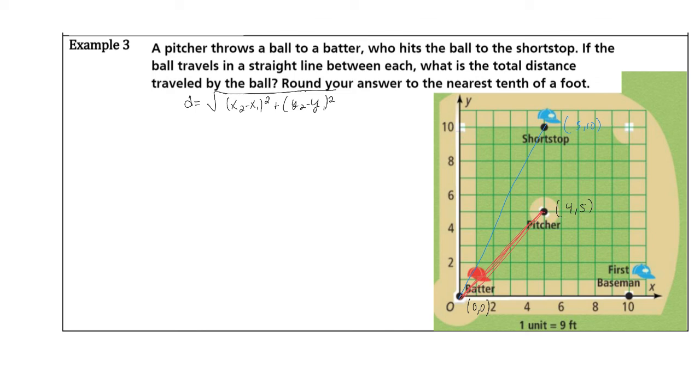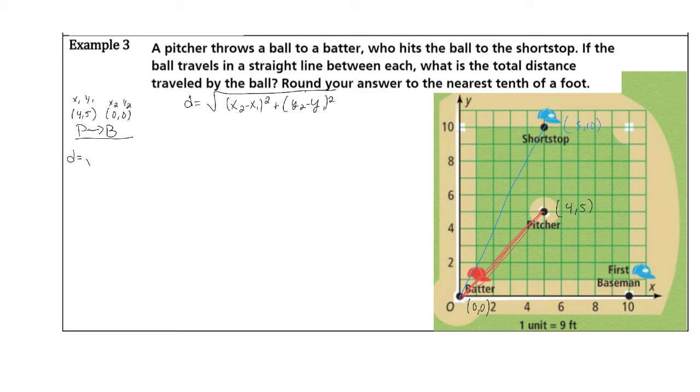Let's do pitcher to batter. Our pitcher is at 5, 5, so that's our x1, y1, and our batter's at 0, 0, so that's our x2, y2.